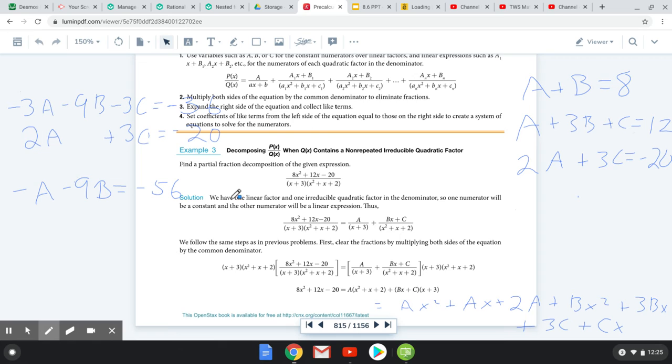And then I'm going to add to that this equation. So now we have 2 equations with 2 unknowns, right? So I can just add this equation. So I have a plus b equals 8, and so the a's are going to cancel. So I get negative 8b equals negative 48.